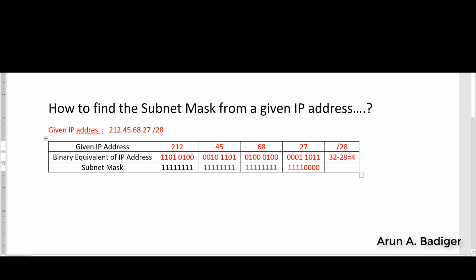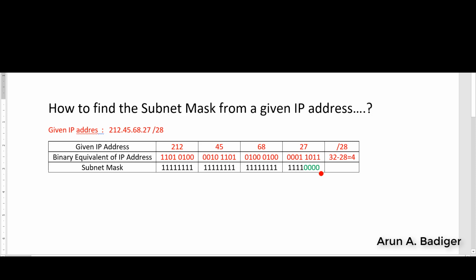Let me highlight the colors. Let me make this color green. As highlighted here, we can see there are 28 bits of ones and only 4 bits of zeros.